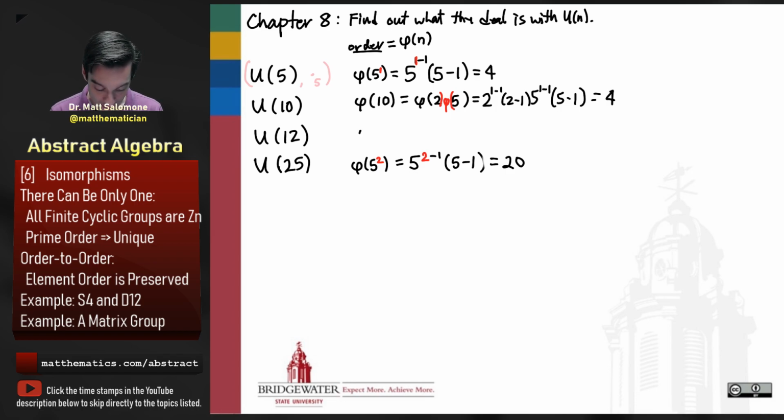And when I do the same thing for U12, well, 12 is going to be 4 times 3. Those are my prime powers that multiply together to give me 12 in the prime factorization. 4 is 2 to the power 2. And so when I use this formula, I'm going to get 3 to the 1 minus 1 times 3 minus 1 times 2 to the 2 minus 1 times 2 minus 1.